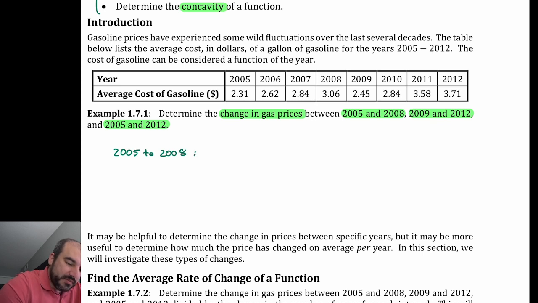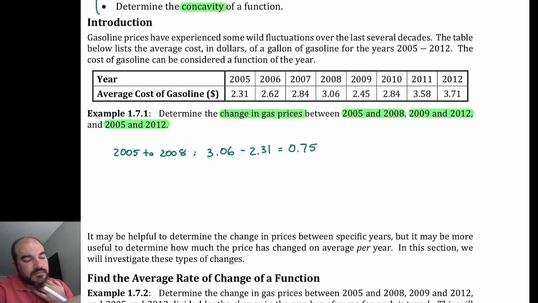Our change in gas price is going to be the 2008 price, which is the $3.06, minus the $2.31, which was the price in 2005. So we find this difference here. This is going to be 0.75, which is a 75-cent price change.